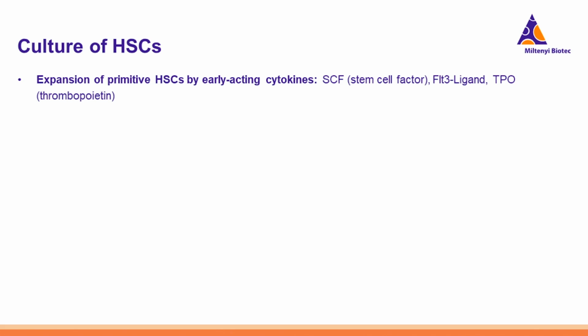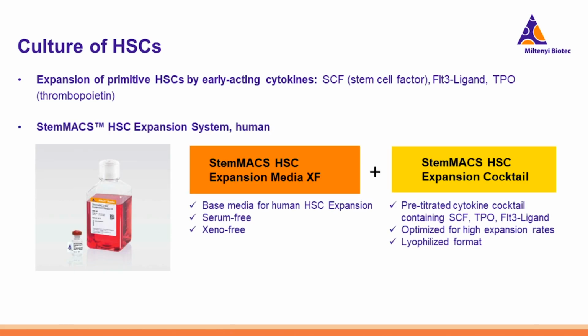Early-acting cytokines such as the stem cell factor, short SCF, FLT3 ligand, and thrombopoietin, short TPO, expand primitive HSCs. Although current HSC culture systems only allow limited expansion and maintenance of primitive HSCs that are able to engraft and completely restore the entire blood system.